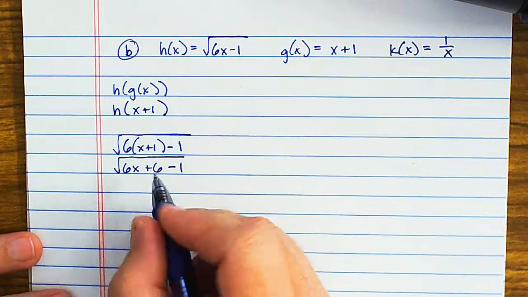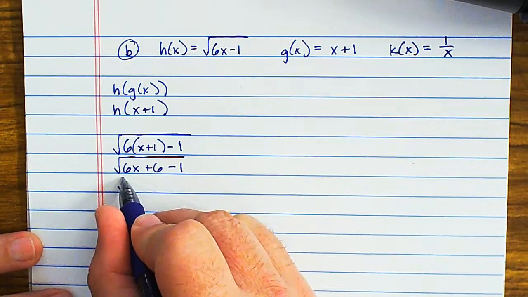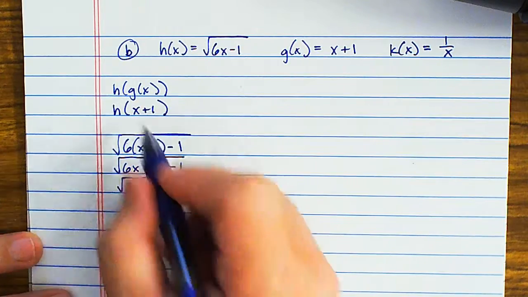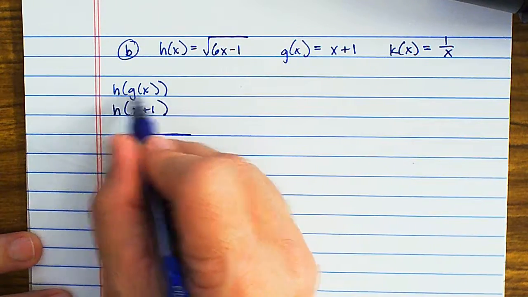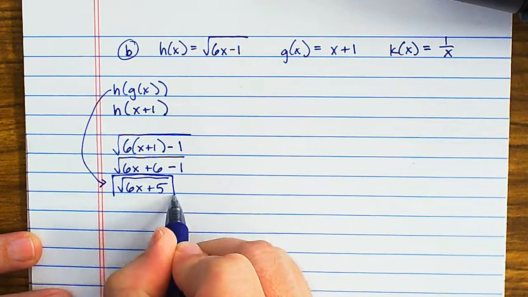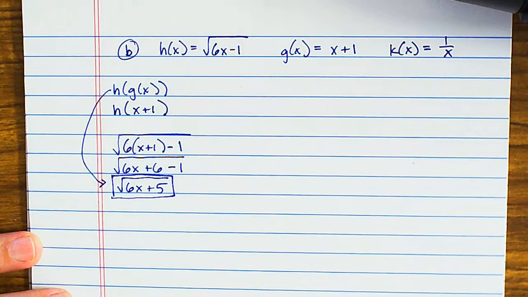So I distributed, combine like terms, and I get 6x plus 5. So hg of x is the square root of 6x plus 5.